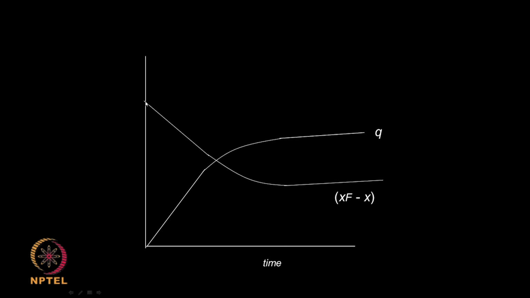On the liquid side, XF minus X will keep going down and finally also reach saturation. After this, no adsorption is going to take place. So, I need to stop my adsorption process and replace the adsorbent with fresh adsorbent, otherwise it is of no use. Generally by this time the adsorption process is stopped, and they either reactivate the adsorbent or charge it with fresh adsorbent.